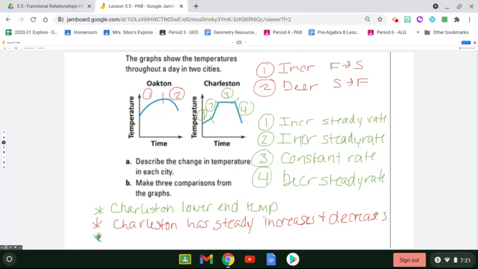And we can say Oakton has a higher end and start temperature than Charleston.